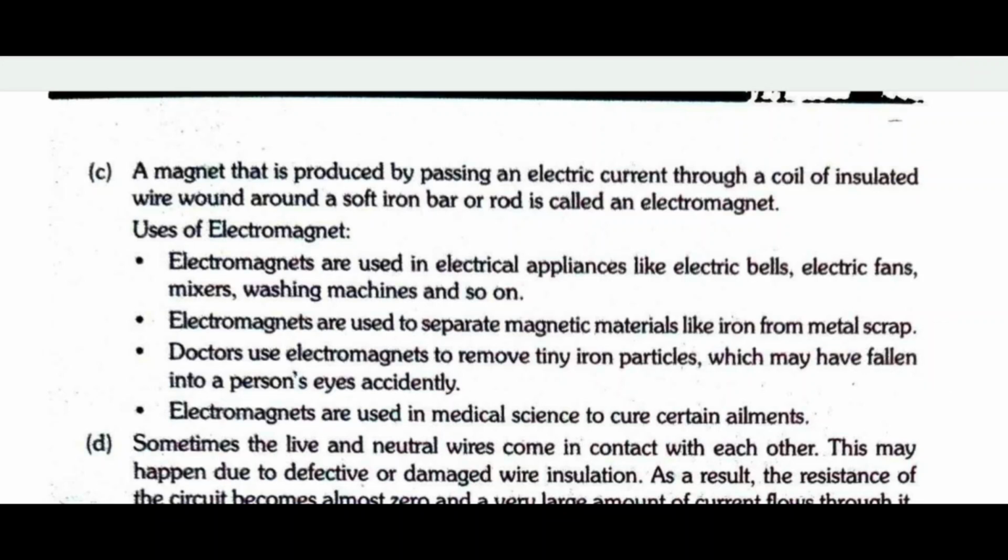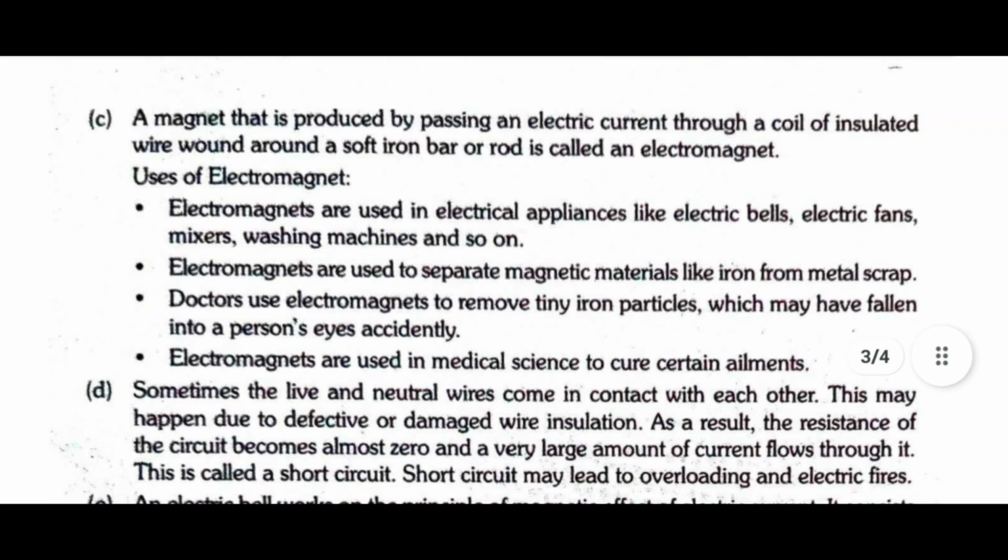What is an electromagnet? State its use. A magnet that is produced by passing an electric current through a coil of insulated wire wound around a soft iron bar or rod is called an electromagnet. Then use of electromagnet. Electromagnets are used in electrical appliances like electric bells, electric fans, mixers, washing machines and so on.